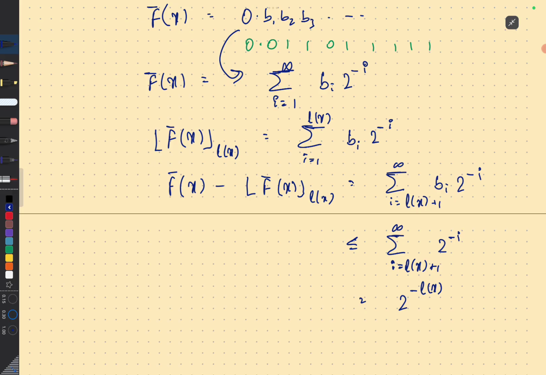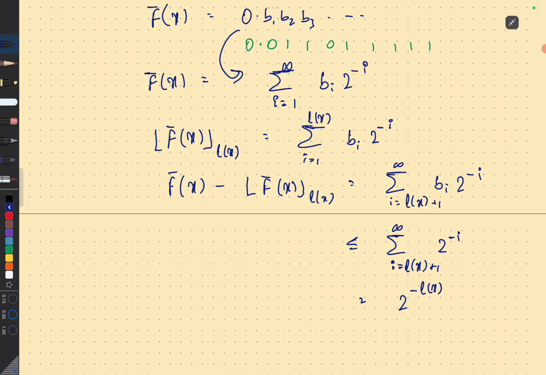So first, remember, we're taking f bar of x and truncating this. So f bar of x is something, say 0.b1, b2, and so on. Let's take another x prime, which is not equal to x. So f bar of x prime is, say, 0.b1 prime, b2 prime, b3 prime, and so on.